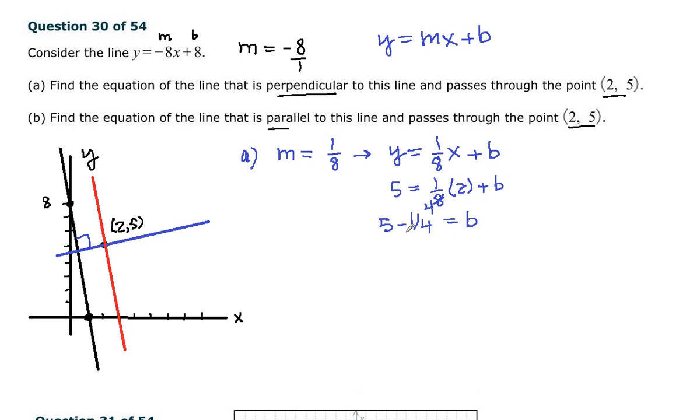And then you can either put this in a calculator and get a decimal, or 5 is the same as 20/4 minus 1/4. That'll mean that b is equal to 19/4. And then that'll go up here. So this will be y equals 1/8 x plus 19/4.